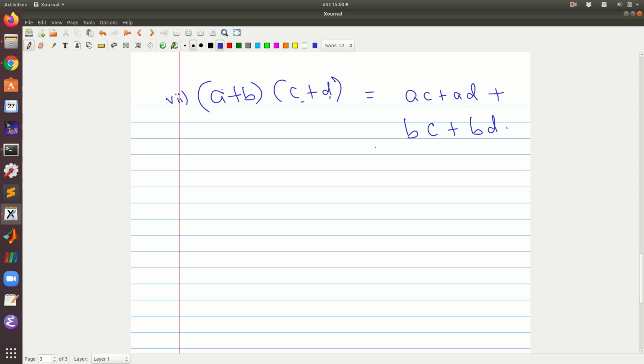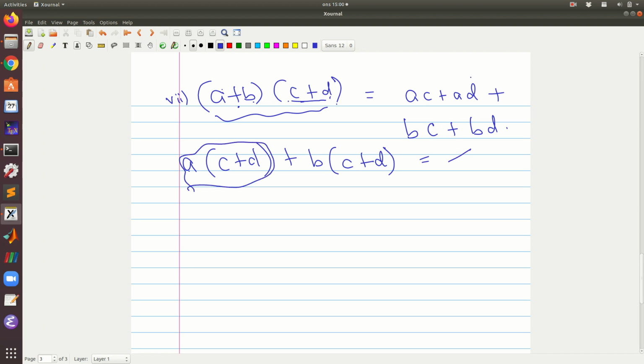Either way, the result here is the same. If we go the long way, we could have A multiplied by, distributed into that, then plus B, then again we distribute B also into the same C plus D, which gives us that. Of course this we know gives us that, and then this gives us that.